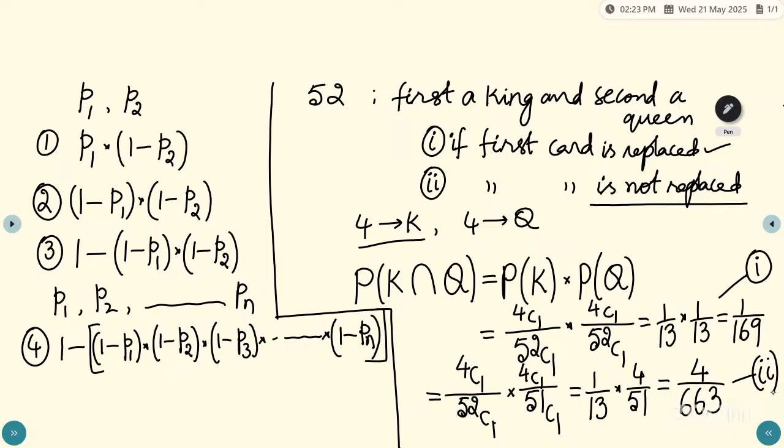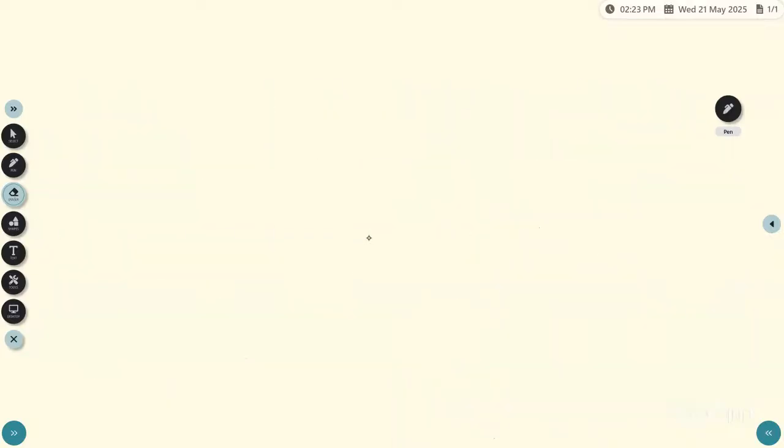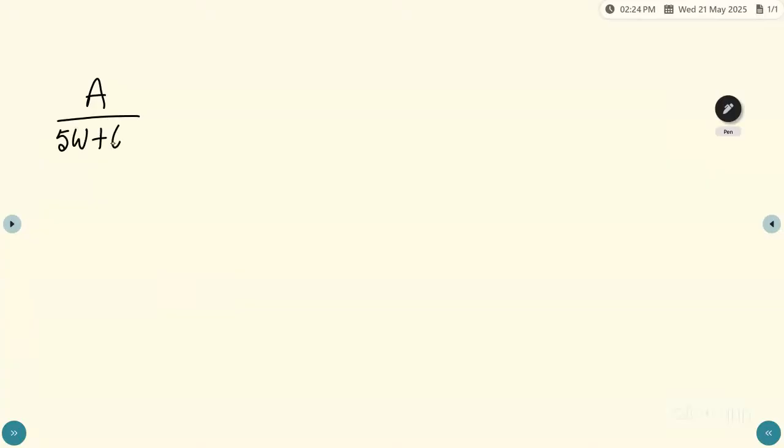Right. Write the next question. A box A contains 5 white and 6 black balls.